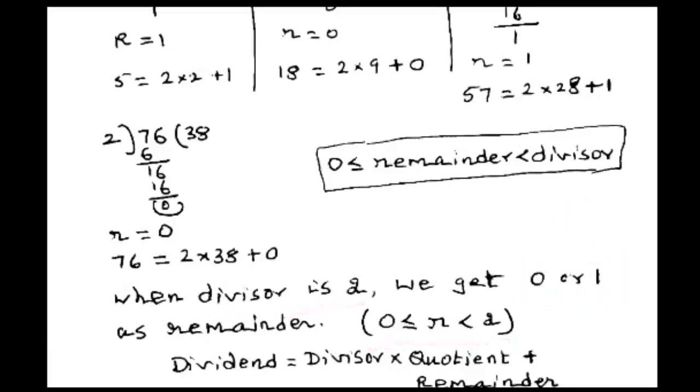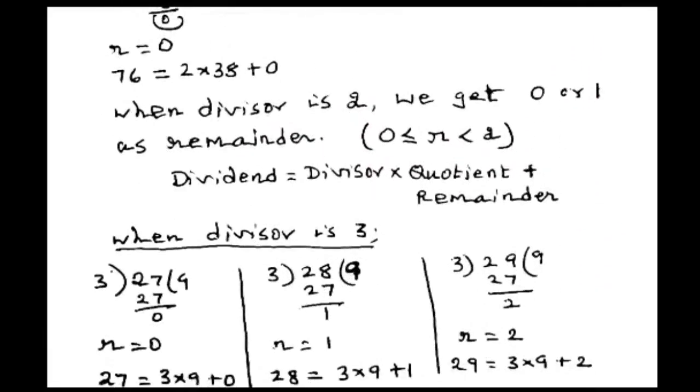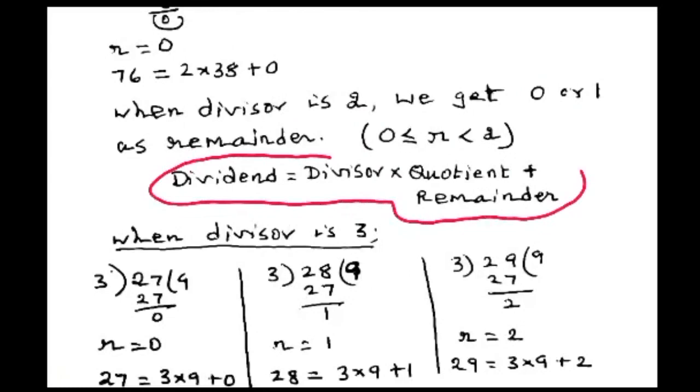And we know the property: dividend equal to divisor multiplied by quotient plus remainder.